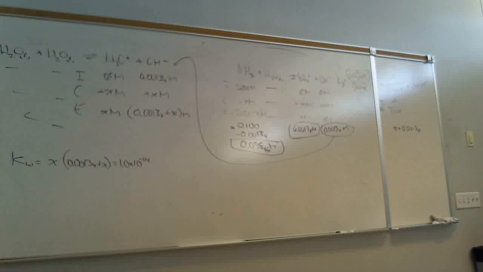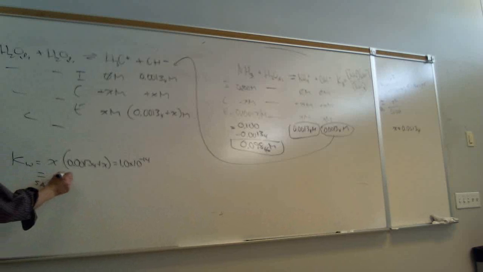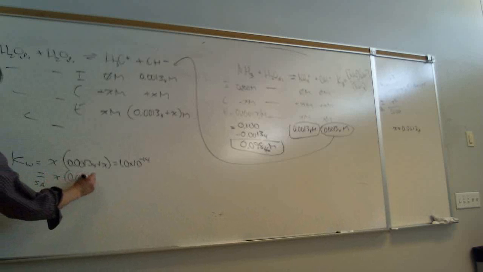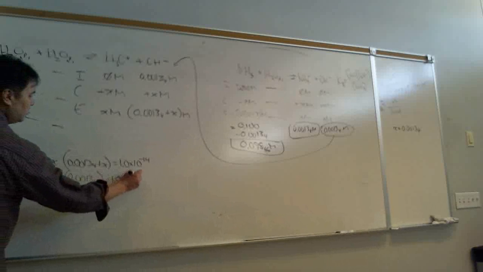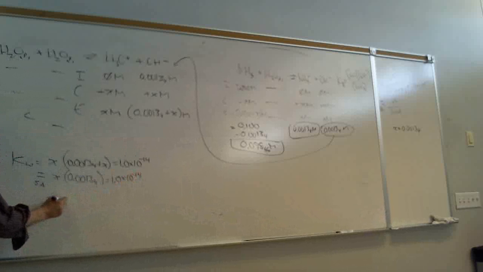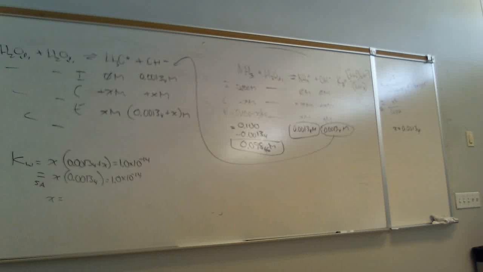The quadratic equation. Would you use the quadratic, or would you try the simplifying assumption here? You can try simplifying. Yeah, let's try the simplifying assumption. If we try the simplifying assumption, then this is going to be X times 0.00134 is equal to 1.0 times 10 to the minus 14, which means that X is equal to 1 times 10 to the minus 14 divided by 0.00134.